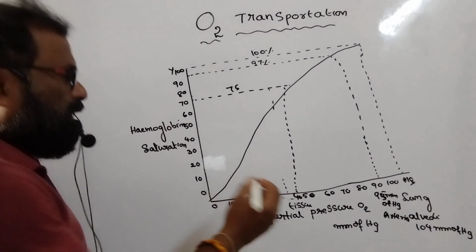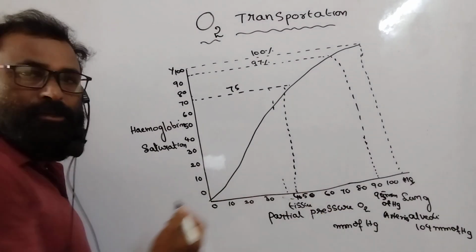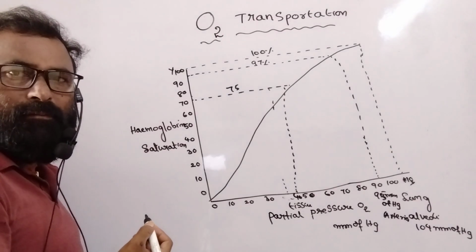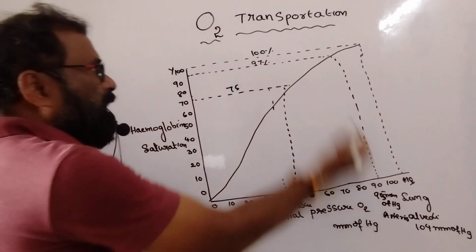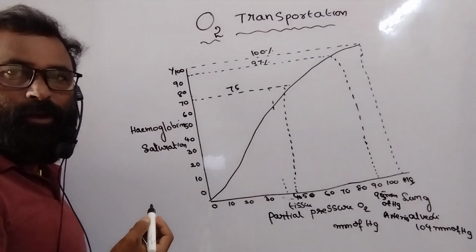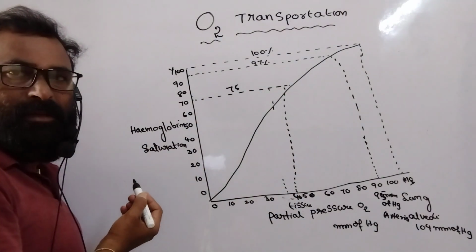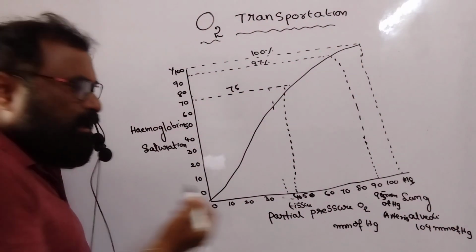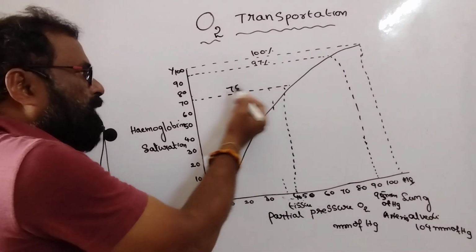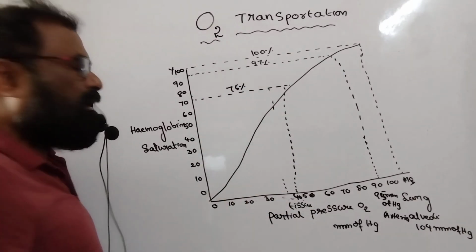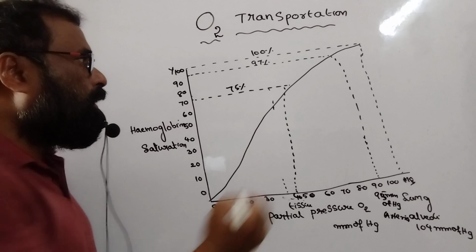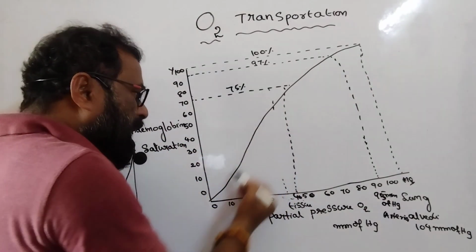You observed the different partial pressures I mentioned on the blackboard. 100% saturated at 104 mm of Hg. At 95 mm of Hg, 97% saturated. At 40 mm of Hg, 75% of hemoglobin is saturated. We are getting a sigmoid curve.